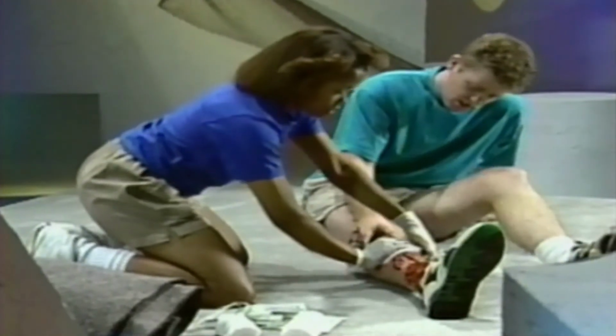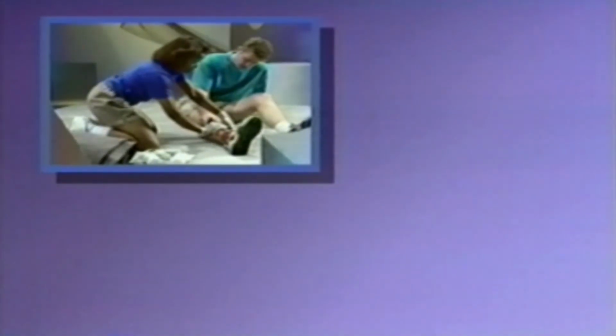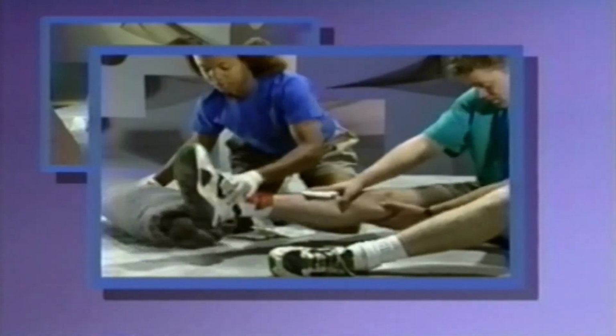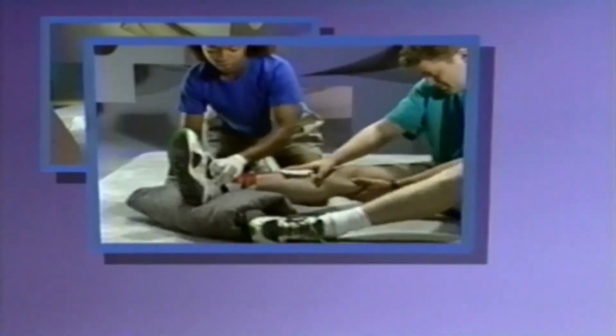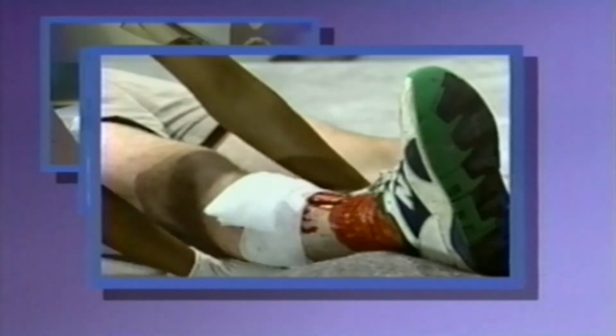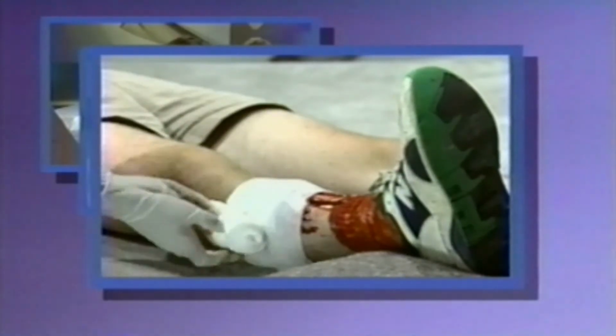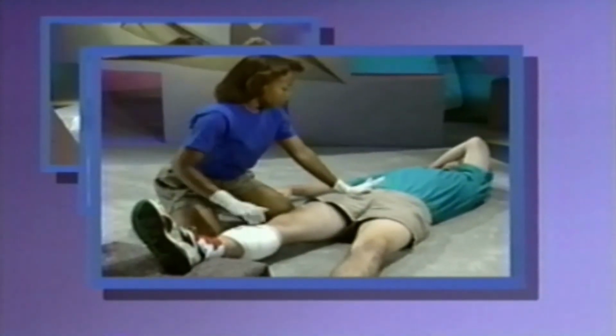Then elevate the limb. Then put a roller elastic bandage. After that, if bleeding is still there, we have to compress over the pressure point.